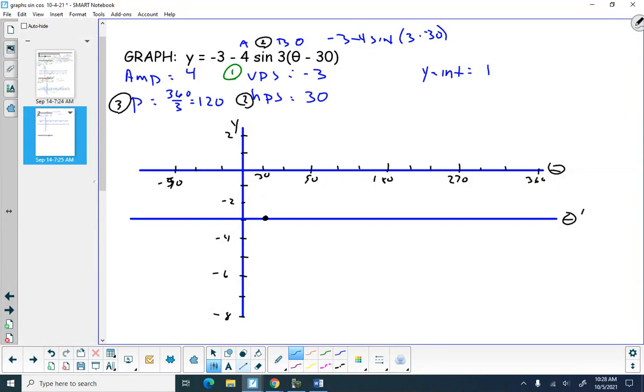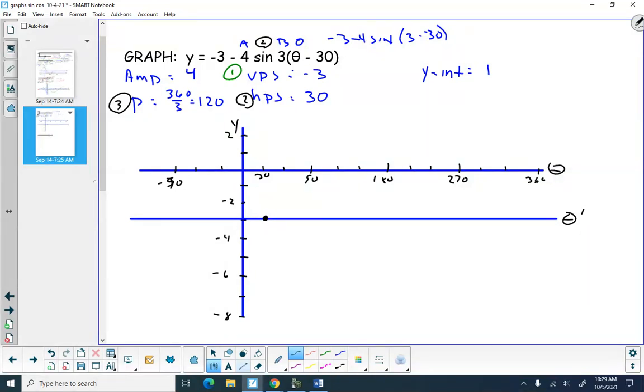Third thing, where do we end up? I start at 30. The period tells us how many degrees we have to go until we are at the exact same spot again. So if I start at 30, every 120 degrees I will be at the exact same y value.